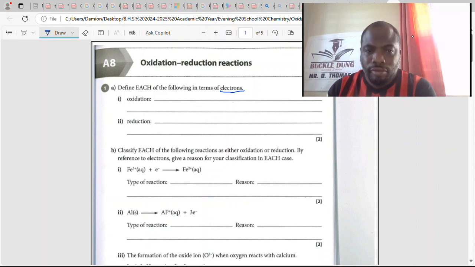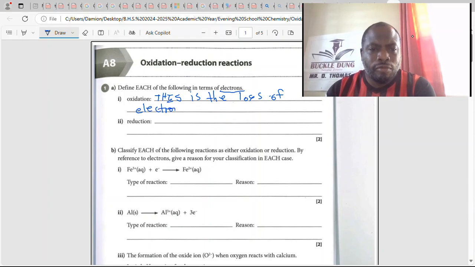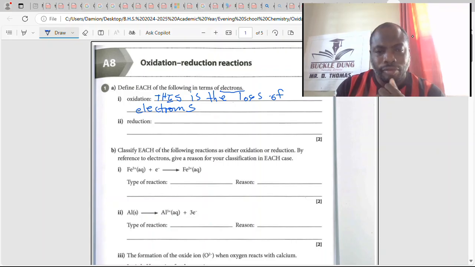Oxidation is the loss of electrons. And what is reduction? The gain of electrons.